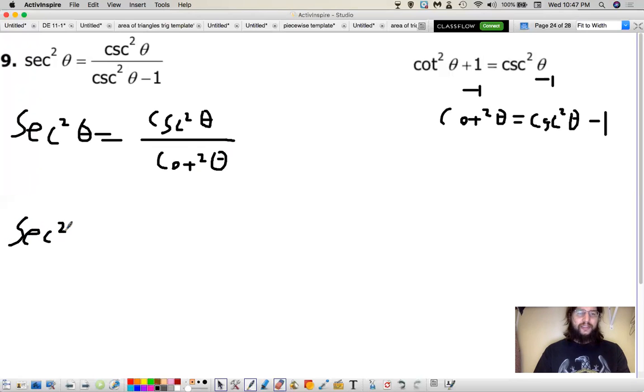Now I mess with your left side. Cosecant is 1 over sine. Look at your identities until you know them by heart. Cotangent is cosine over sine. It's squared.